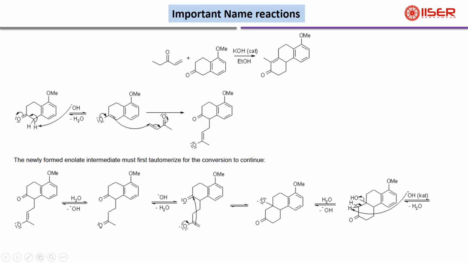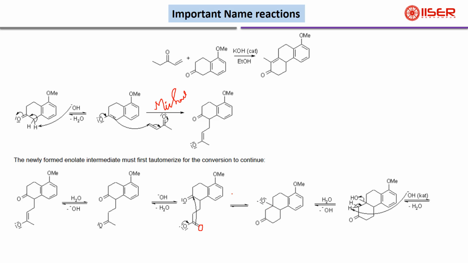So this is the aldol reaction. The first reaction is the Michael reaction. Here it is the Michael reaction because it is attacking the beta carbon. Whenever the nucleophile attacks the beta carbon, that is called Michael addition. In this case the enolate carbon attacks the carbonyl compound to form a new carbon-carbon bond.